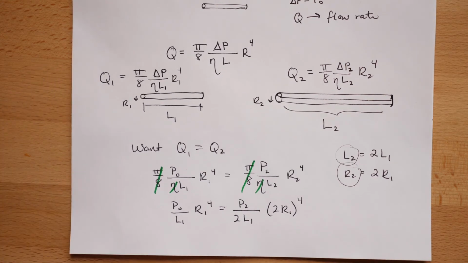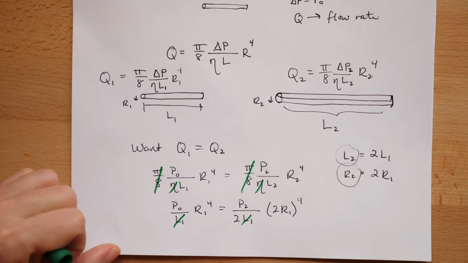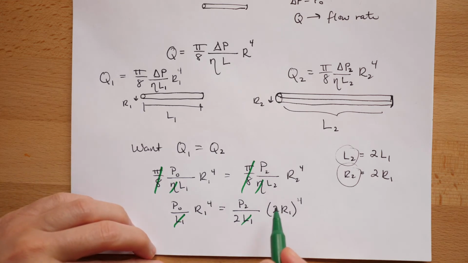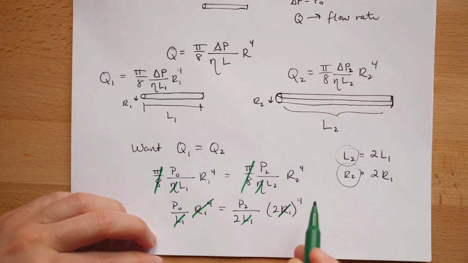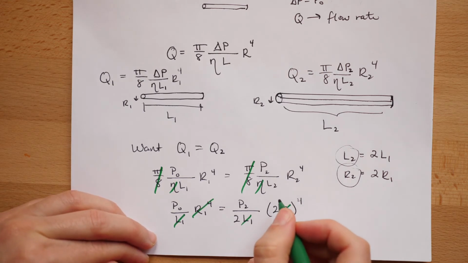Now L1 cancels, and R1 to the fourth cancels with R1 to the fourth. And over here we're raising 2 to the 4, which is 16.